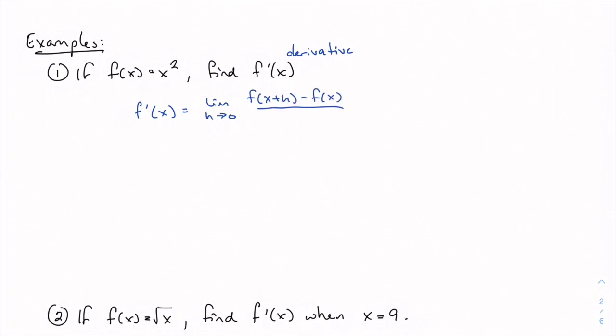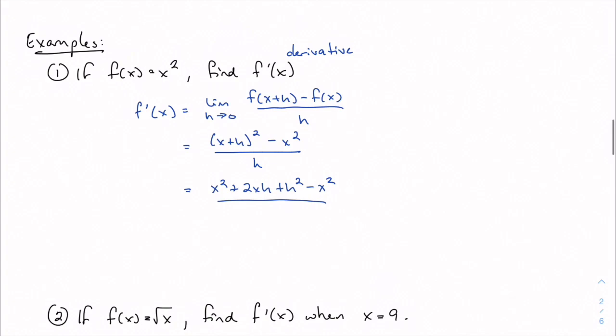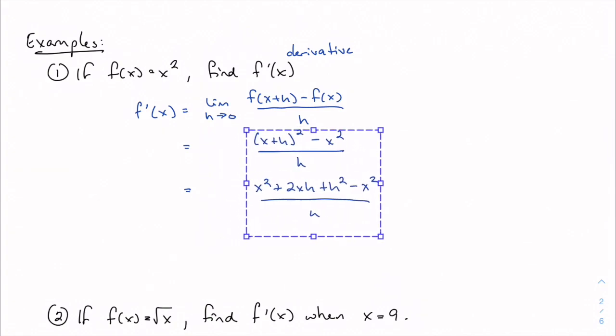Actually, we've done this work a little bit already, right? So x plus h squared minus x squared over h, which we said was going to be x squared plus 2xh plus h squared minus x squared. I'm forgetting the limits again, so let me add that back in.